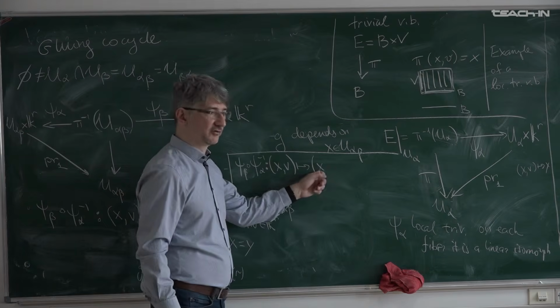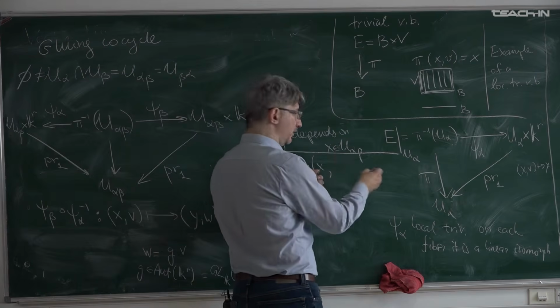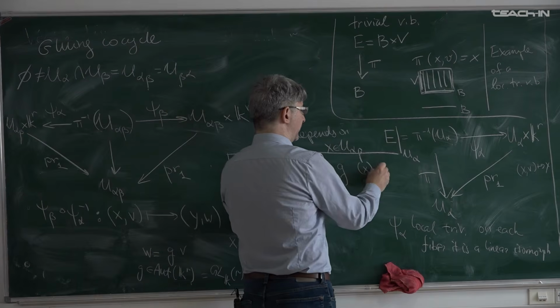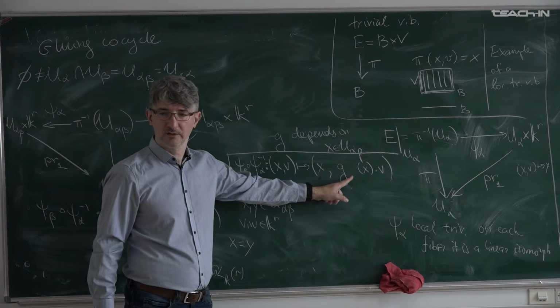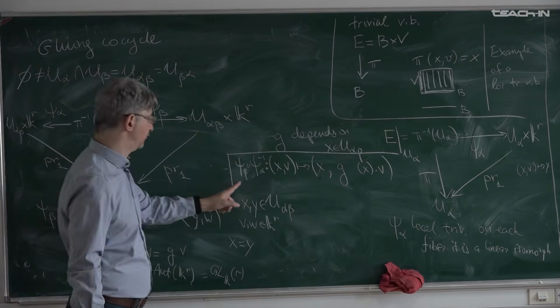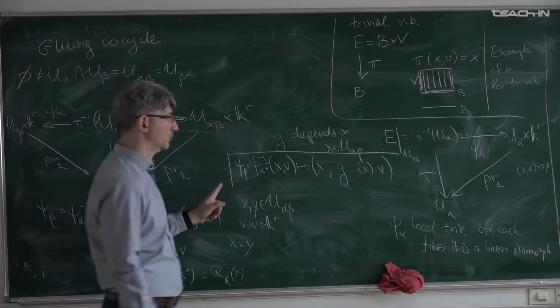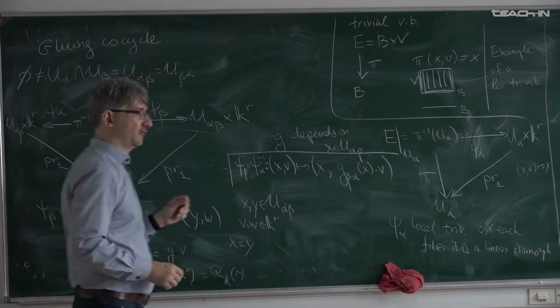First argument, x, is the same. Second argument is transformed but in a linear way, g of x applied to v. And here, I should write an index which explains that you consider this composition from alpha to beta. So we write here beta alpha.